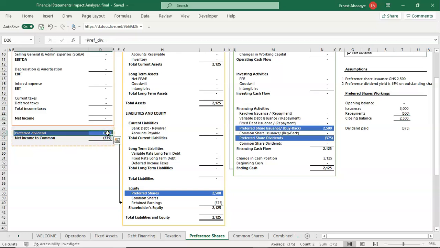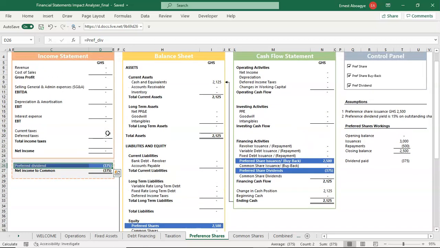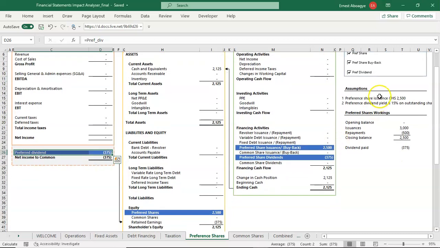What I'll call this equity statement is, for the purpose of our modeling, also in our income statement. So let me summarize by saying that any issuance or buyback of preferred shares has no impact on the income statement except when dividend is paid, and even that is for the purpose of the modeling.